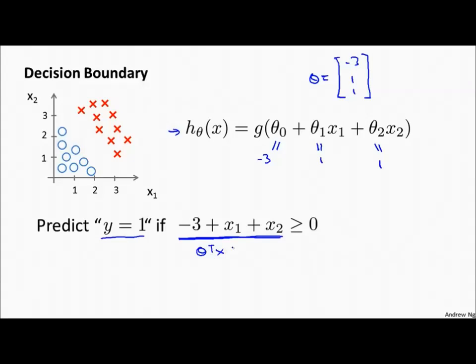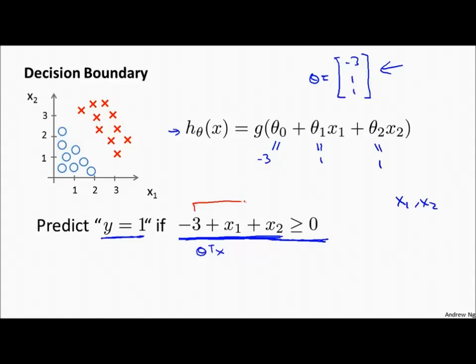And this formula that I just underlined, minus 3 plus x1 plus x2, is, of course, theta transpose x when theta is equal to this value of the parameters that we just chose. So for any example with features x1 and x2 that satisfy this equation, that minus 3 plus x1 plus x2 is greater than or equal to 0, our hypothesis will think that y equals 1 is more likely, or will predict that y is equal to 1.